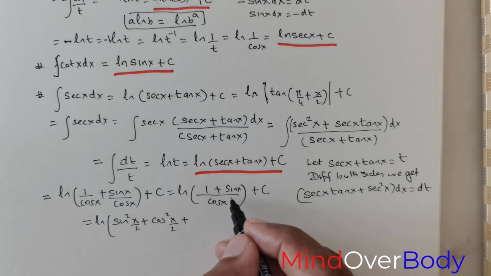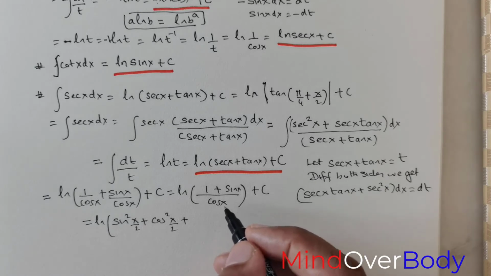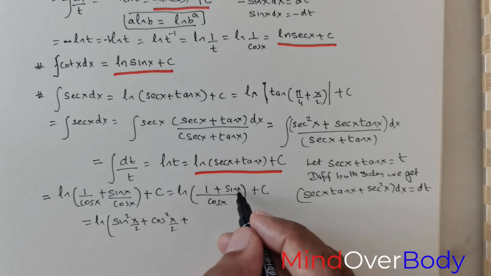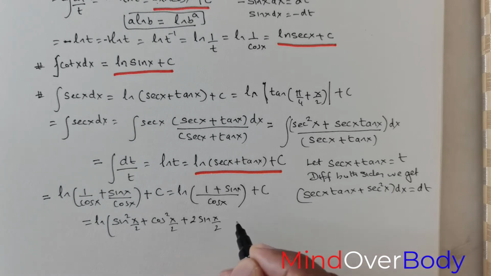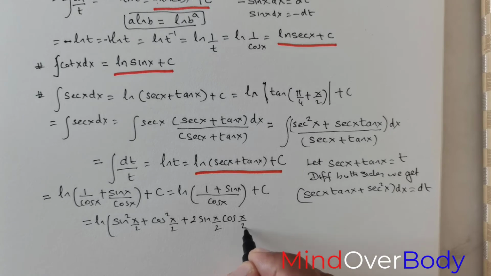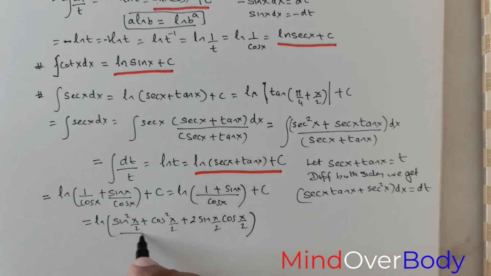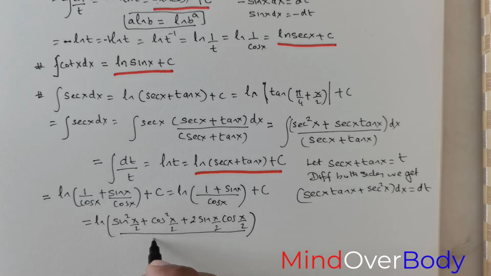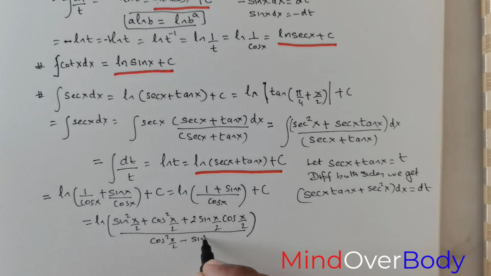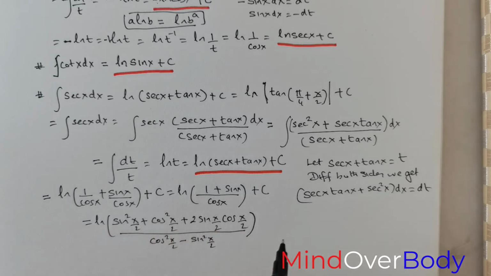Because I want to replace sin x with the double angle formula, but this has got only x, so sin x is going to be rewritten as 2 times sin x/2 times cos x/2. This is divided by cos x, for which we can utilize the cos 2 theta formula, which in this case is cos squared x/2 minus sin squared x/2. So you have everything inside the logarithm.